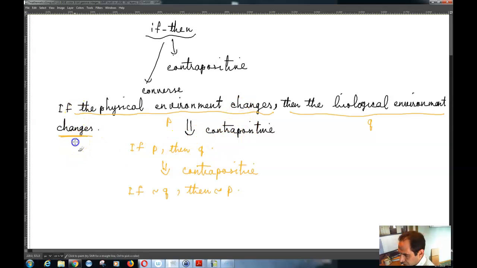So in the case of this example, you would say, if the biological environment does not change. Now over here we have changes. You have to negate that statement.